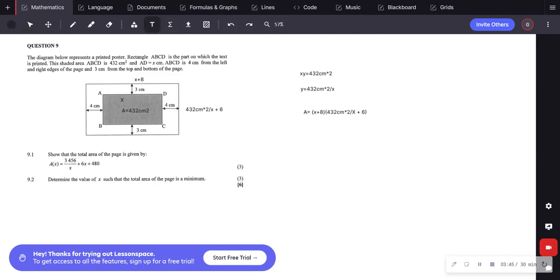And that would give us the answer 3,456 divided by X plus 6X plus 480 after you multiply these out and you simplify them, and that will give you the answer.